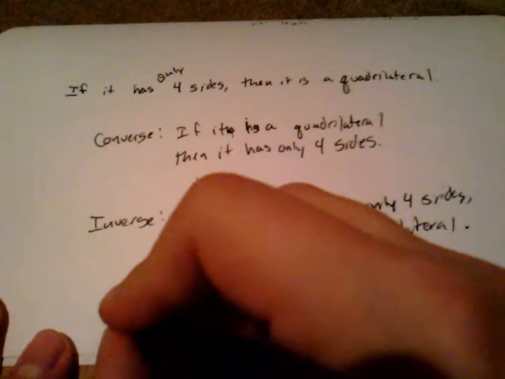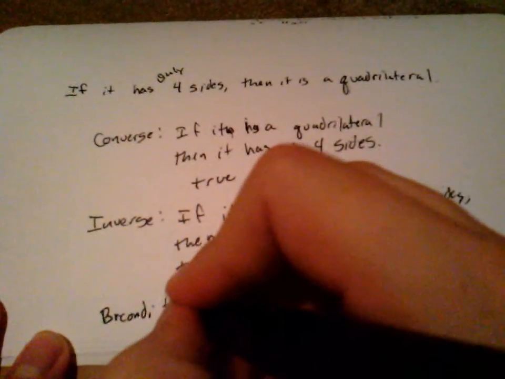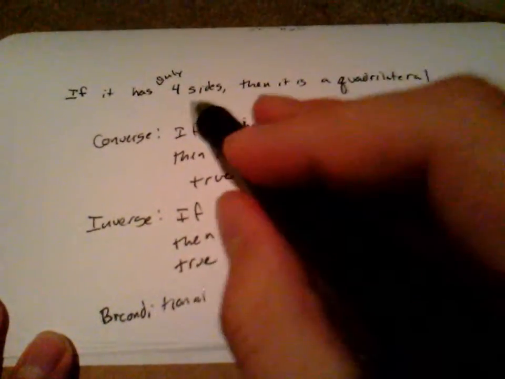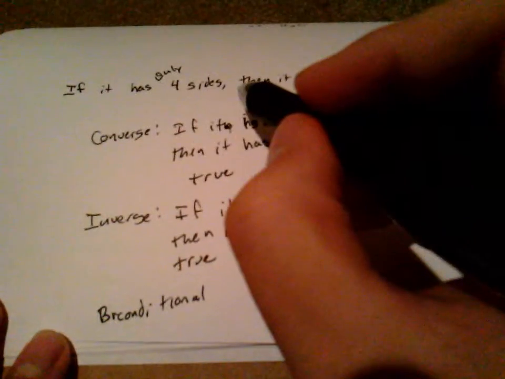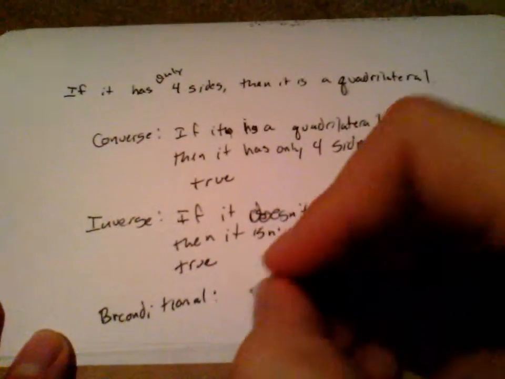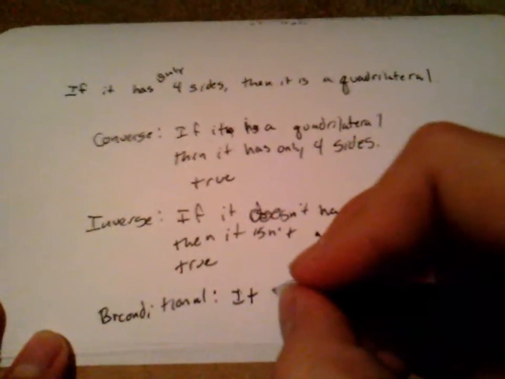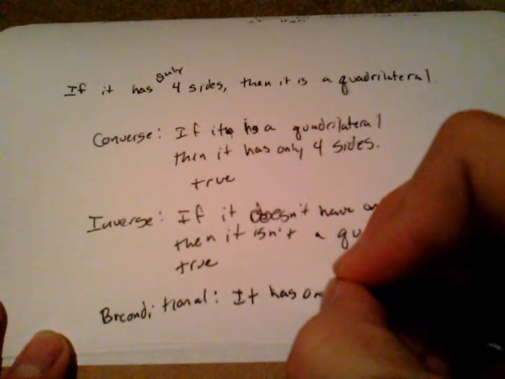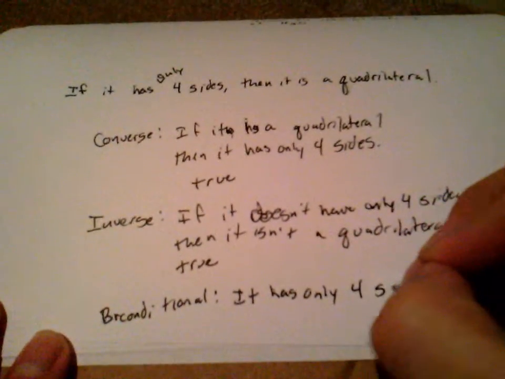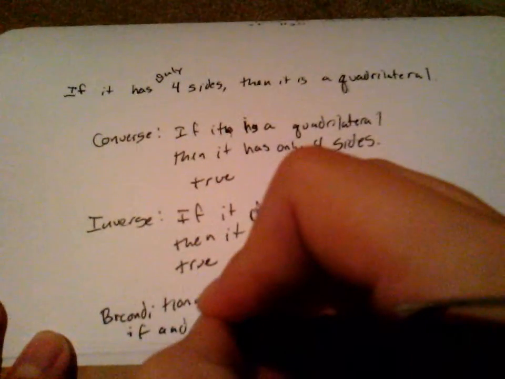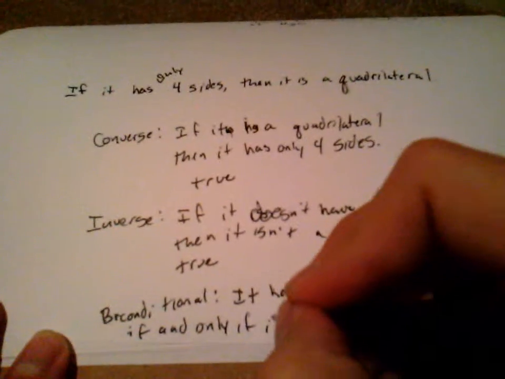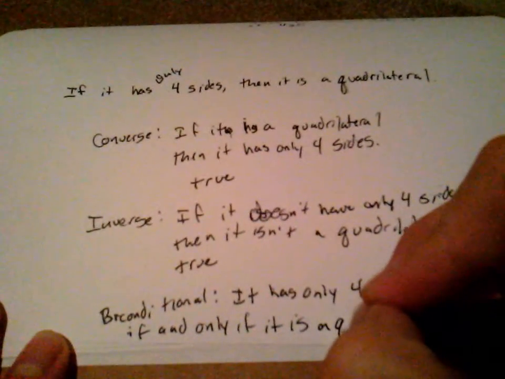So now what we look at is the biconditional. So we have to go back up here, take the if off, take the then off, and instead of combining these two together, in the middle we put the if and only if statement. So we say it has only four sides if and only if it is a quadrilateral.